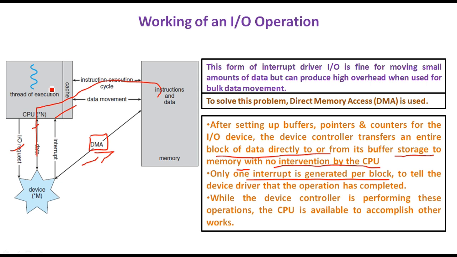While the device controller performs this operation, the CPU is available for accomplishing other work or tasks. So this is all about the I/O structure of the operating system. Hope you understood. So thank you for watching.